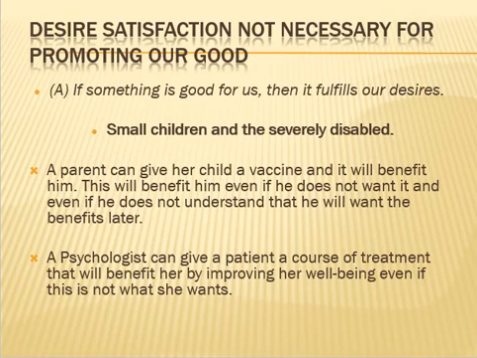Nevertheless, it will improve the person's well-being if they go through with the treatment. So this is another case of denying the consequent, denying the necessary condition, denying that it fulfills your desires. So for A to be true, if I deny it fulfills my desires, I also have to deny that it's good for me.